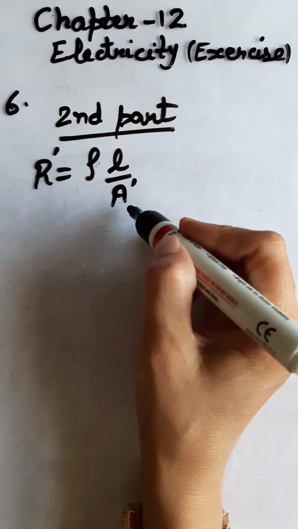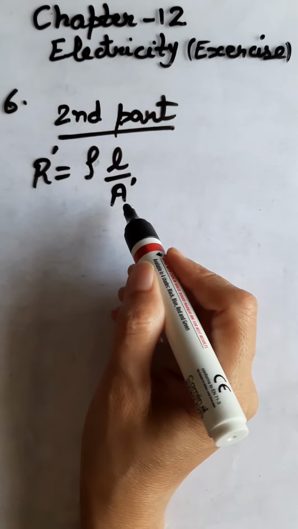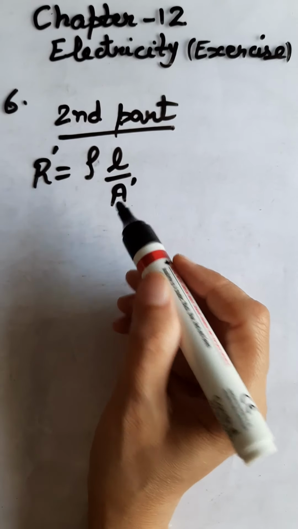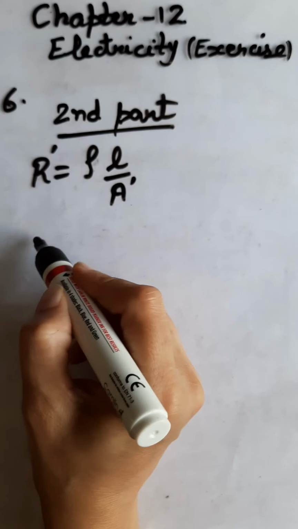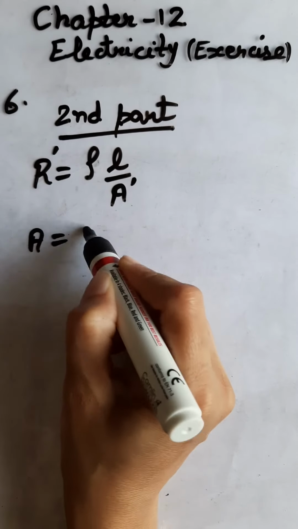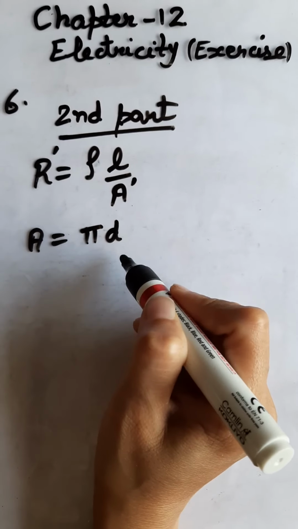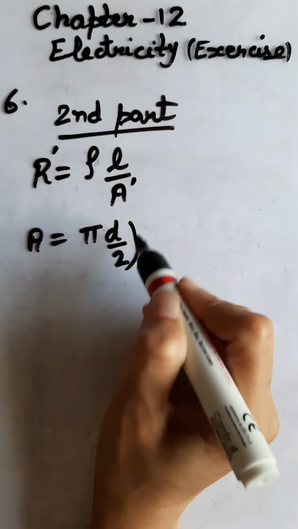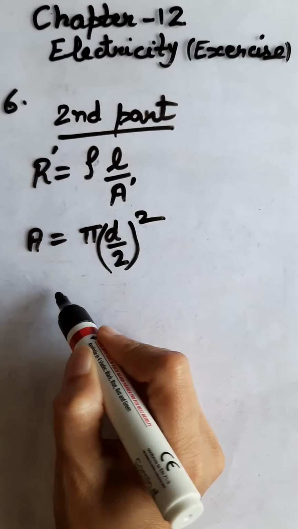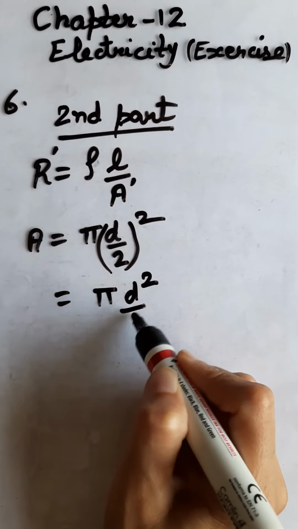As the diameter is doubled, let us see what the effect of diameter is on the area, and then finally this area on the resistance. As we know, area is equal to pi r square, and here it will be pi into d by 2 square, so it will be pi d square by 4.